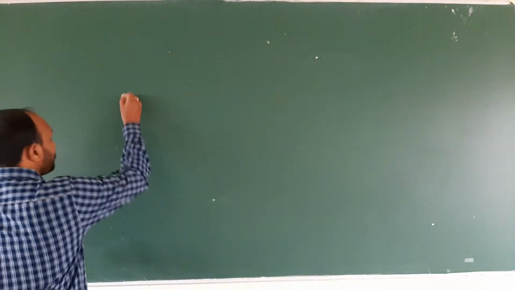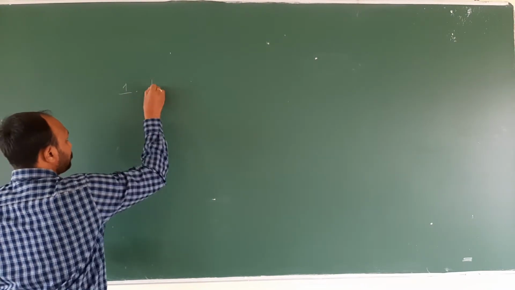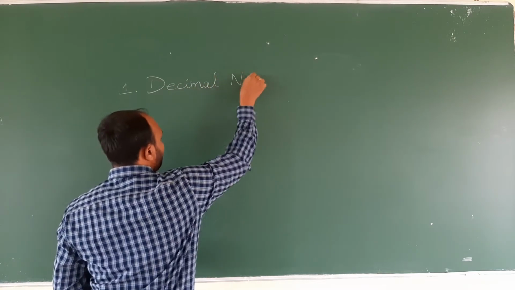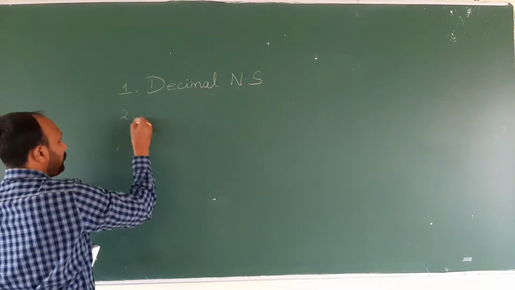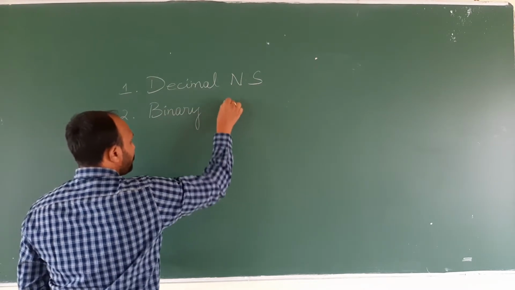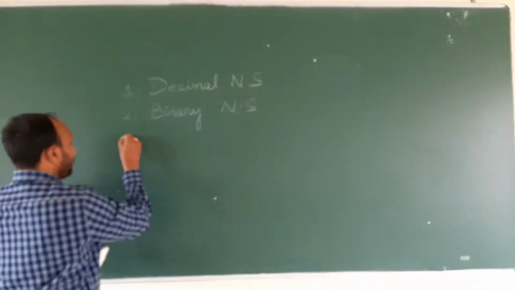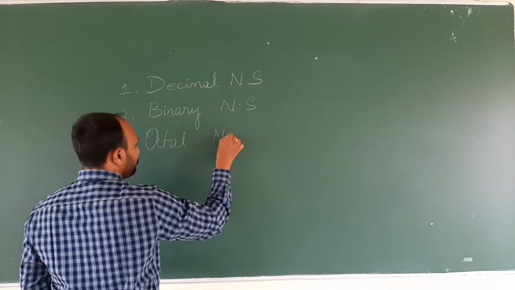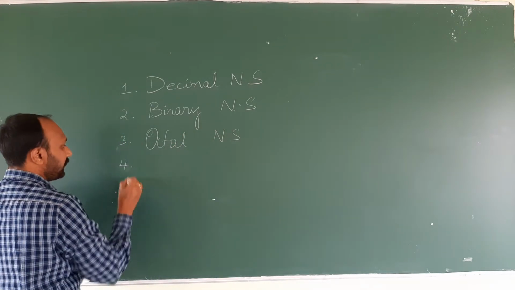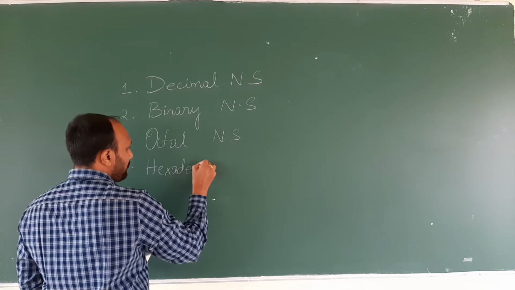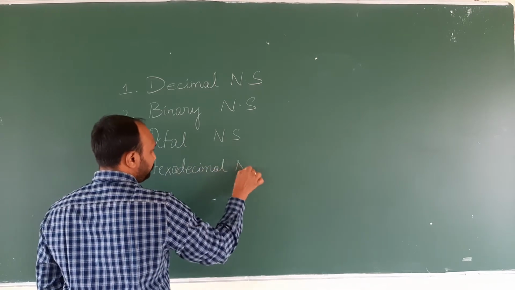The first one is decimal number system, the second one is binary number system, the third one is octal number system, and the fourth one is hexadecimal number system.